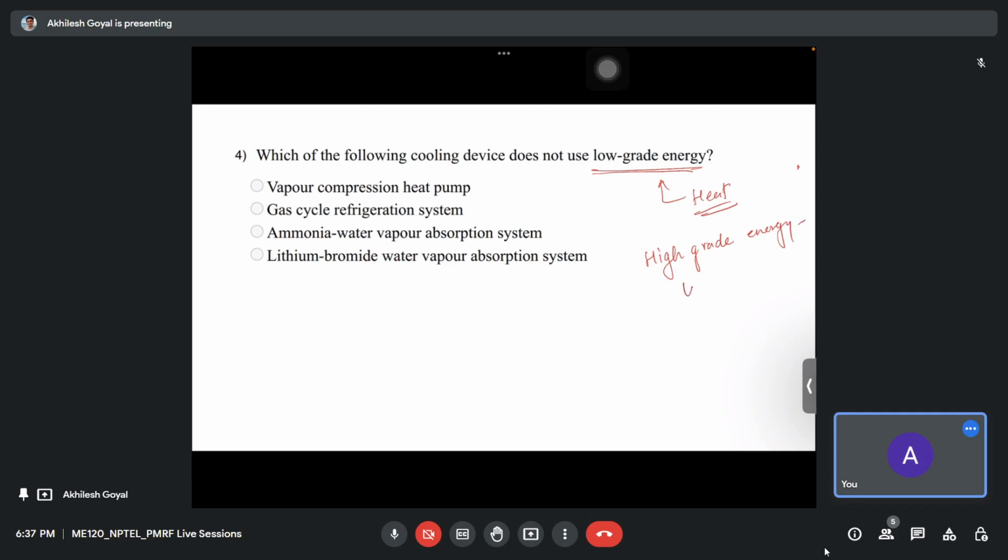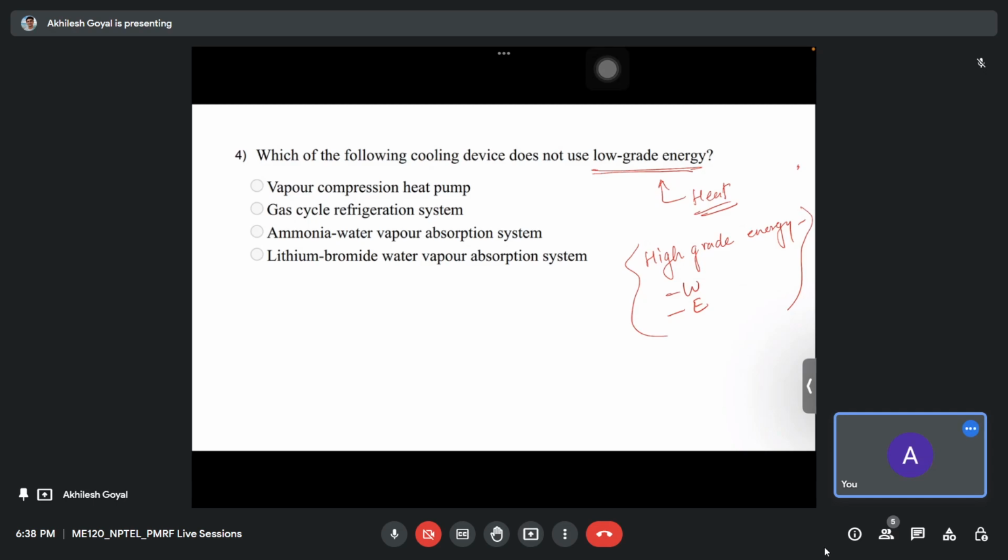So work is high grade energy, the shaft work, the electricity, that is also high grade energy. The mechanical work is high grade energy. Now we have to look at which of the devices doesn't use low grade energy. So we want to look at devices in which heat is not used, only direct energy is used.